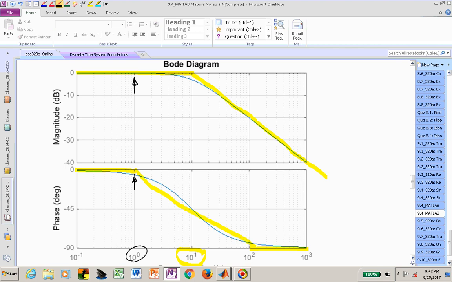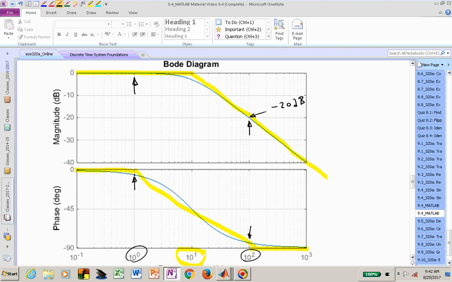It's about 6 degrees of phase shift. However, if I put in a signal that had a frequency of 100, which is out here, then you can see that I'm now 20 dB down, and that now corresponds to a factor of 1/10 in terms of absolute, and the angle that I now have is almost a phase shift of -90 degrees.